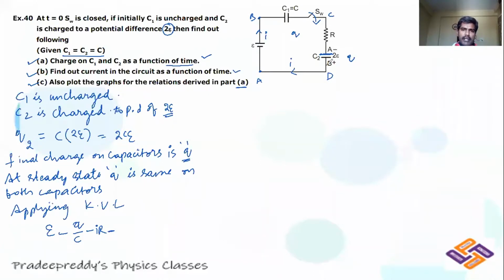The charge upon this will change, because it is already initially charged. Finally, it will attain some charge, so I am writing it as Q minus 2CE, the final charge on capacitor C2, divided by C, equal to 0. So I am writing the charge on both the capacitors and applying KVL. From here, you can write down, after simplification.